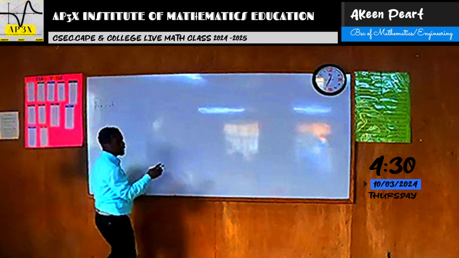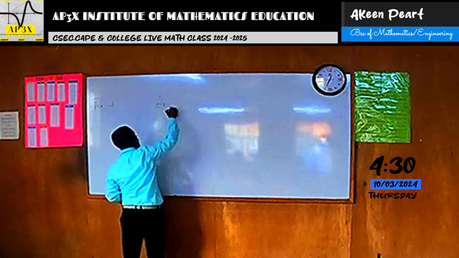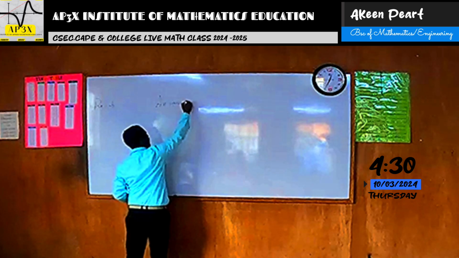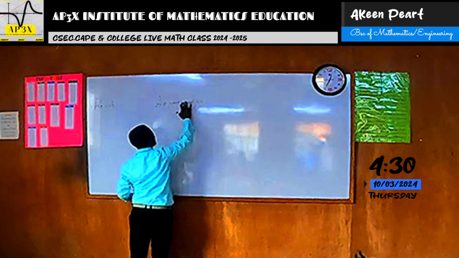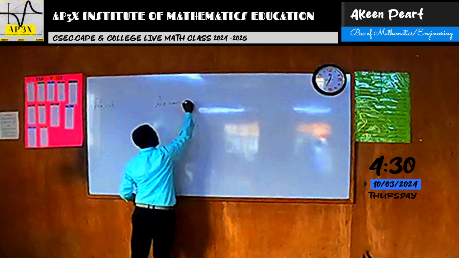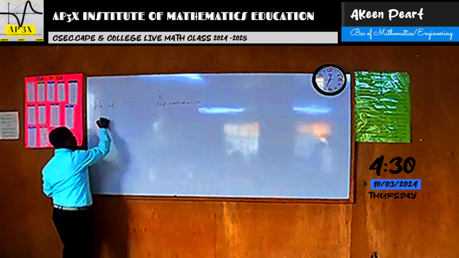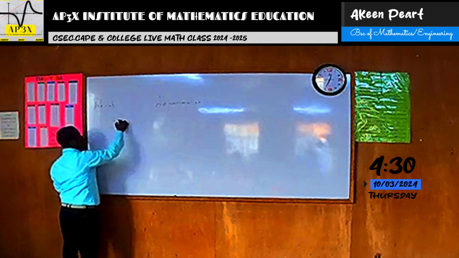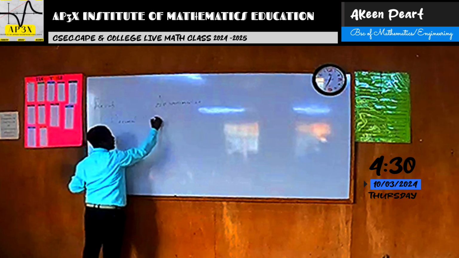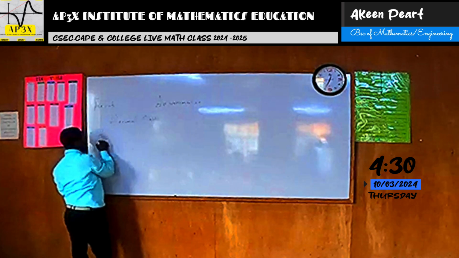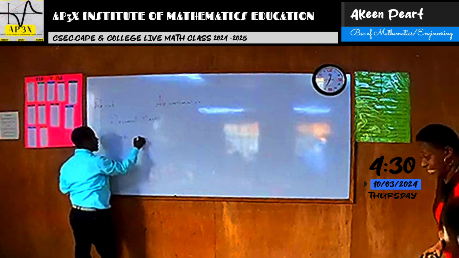So, in our last class, we looked at approximation, and I'm going to keep it easy. We looked at 3 forms of approximation. One, rounding off to a certain amount of decimal places. Two, rounding off or approximating to a certain amount of significant figures.